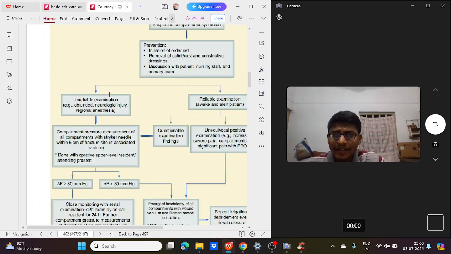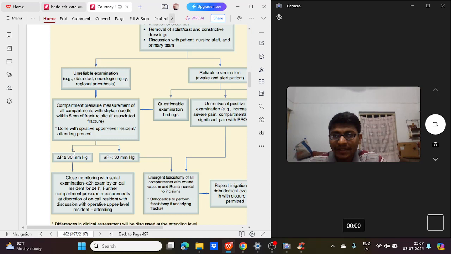In case of an unreliable exam, where the patient is obtunded or has a neurological injury or is under anesthesia, we'll measure the compartmental pressure with a Stryker needle, within 5 centimeters of the fracture if one is associated, and it is done with a senior resident or consultant.